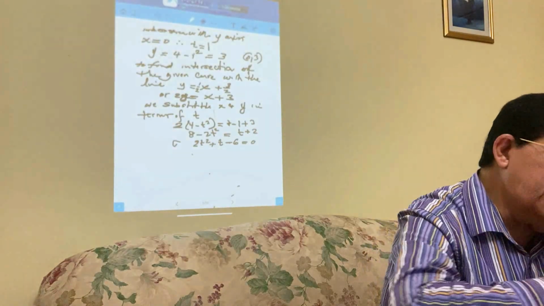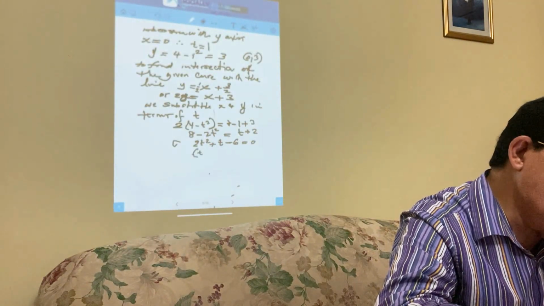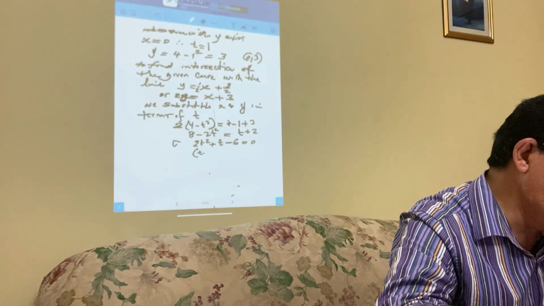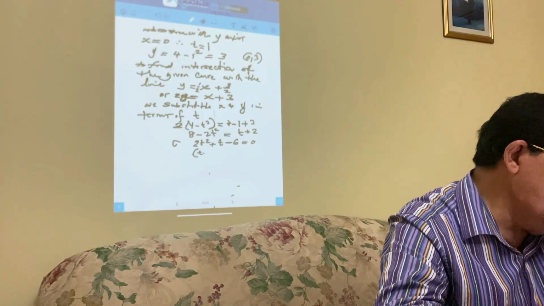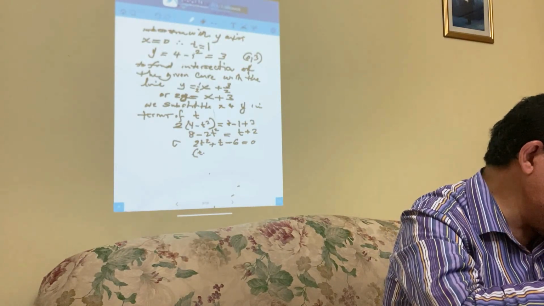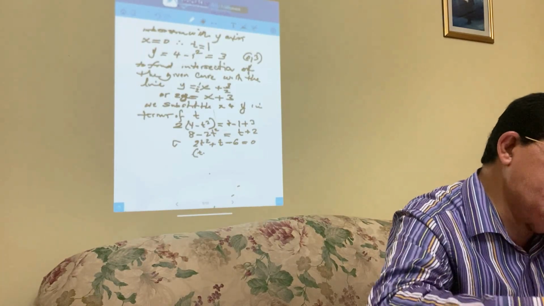This equation can be factorized into (2t minus 3)(t plus 2).